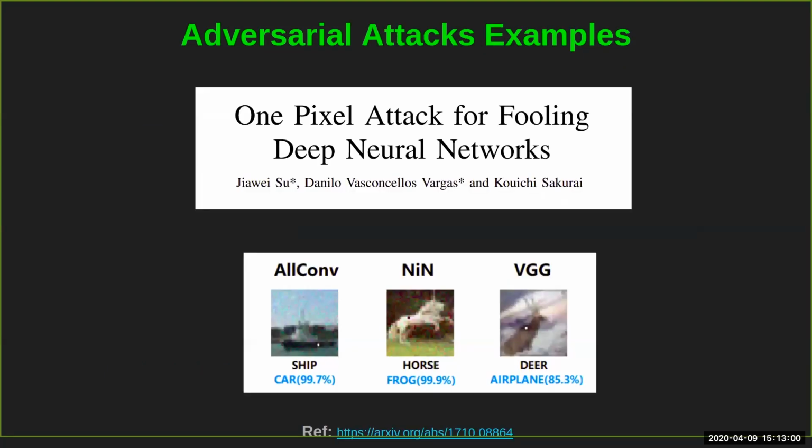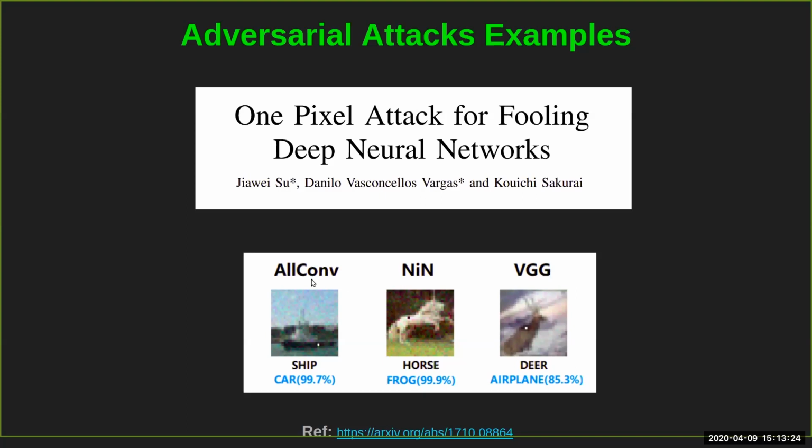So here are a few examples of how adversarial attacks have been implemented, and there are some links to the references of these research papers. You can go ahead and read these research papers also. In this particular paper, they have results where they can generate adversarial samples by just changing one pixel inside the image.